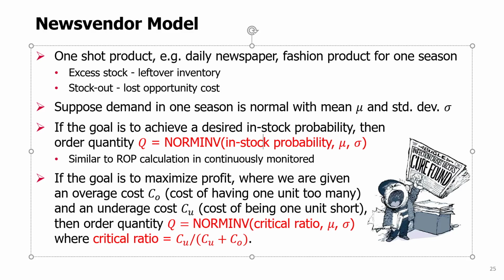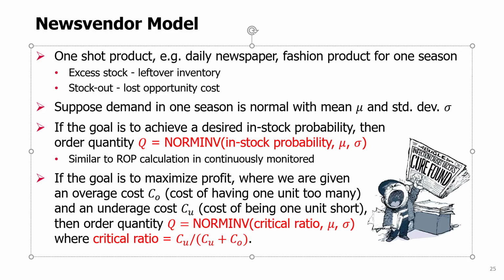And there is usually a high likelihood that you will either have a stock out or you'll have a lot of excess inventory. It is also possible to maximize profit in this context, where you consider that having excess inventory gives you an overage cost, and having a stock out gives you an underage cost, the lost opportunity of extra sales.